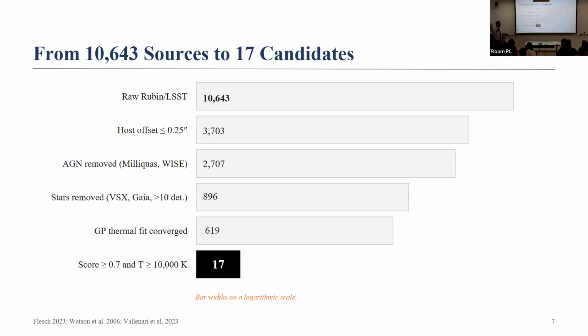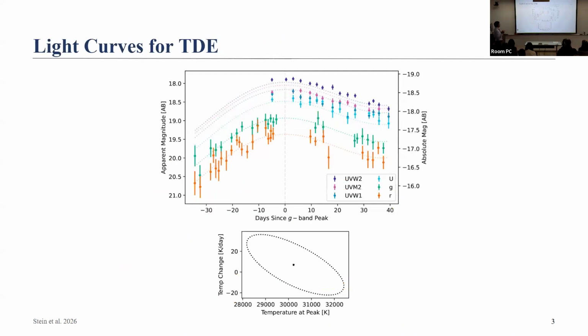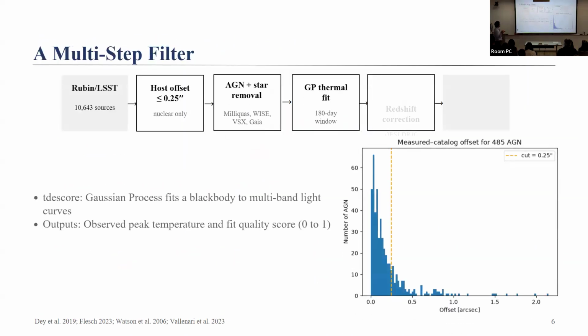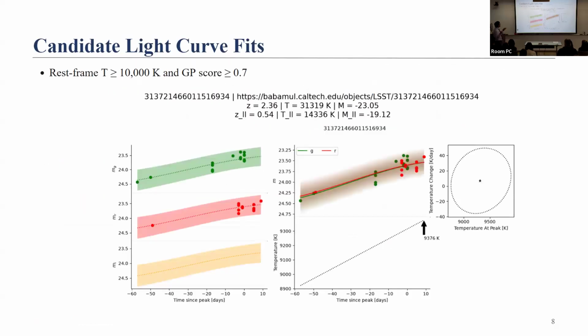You see that there is a huge difference between the lower limit of the redshift and the upper.